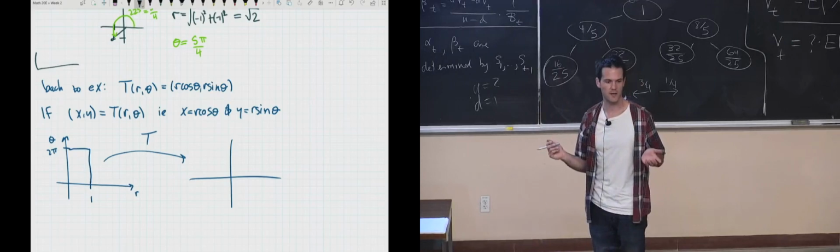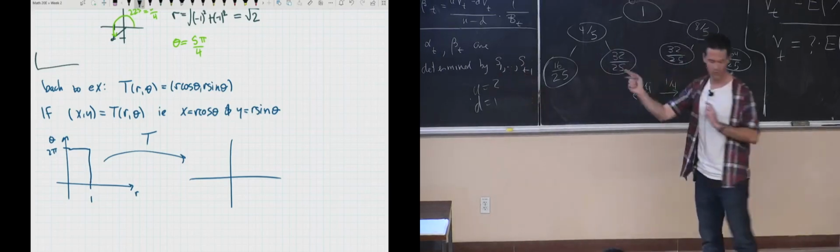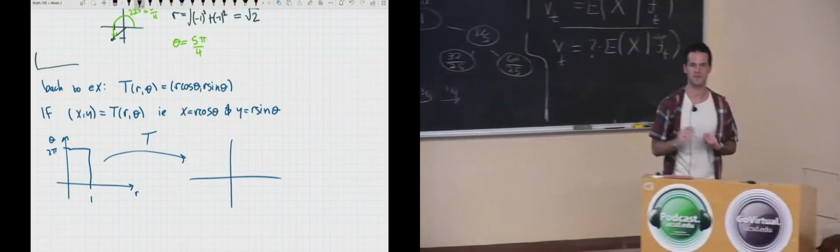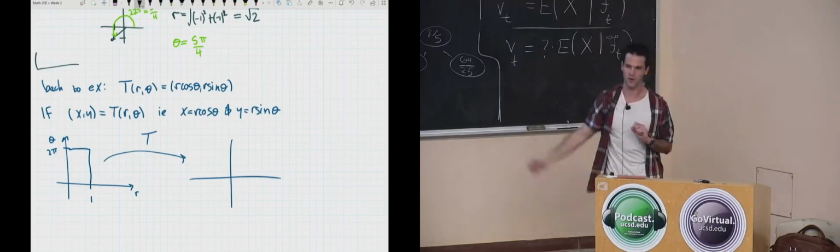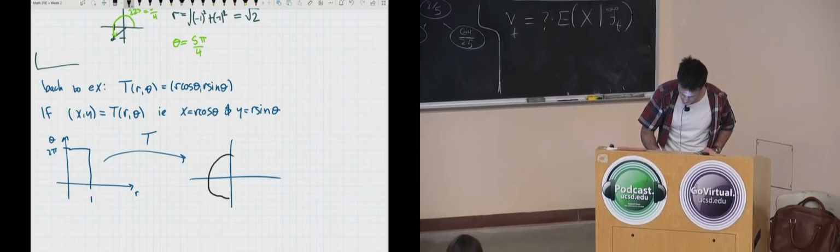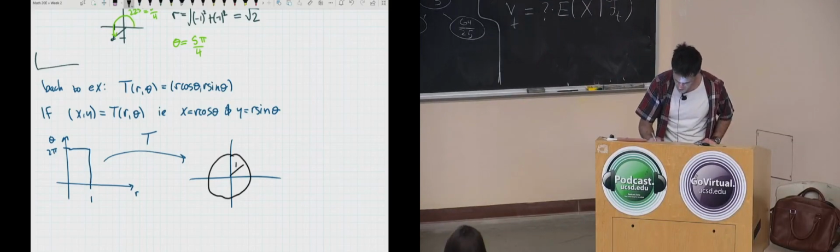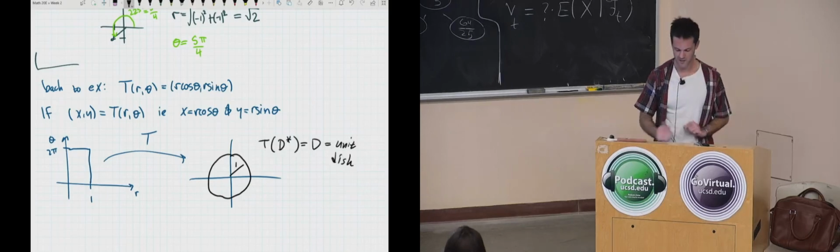What shape is that? Unit disk, yeah. So it includes everything from radius up to and including 1, but also less than 1. And the 0 to 2 pi means it goes in a whole circle all the way around, 360 degrees. It's exactly the unit disk, right? So T of D star equals D equals the unit disk, which we've already seen.